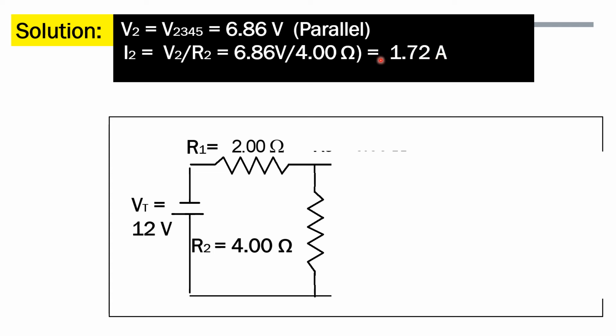This is the current through R2. So for resistance R2, the current through it is 1.72 amperes and the voltage across it is 6.86 volts.